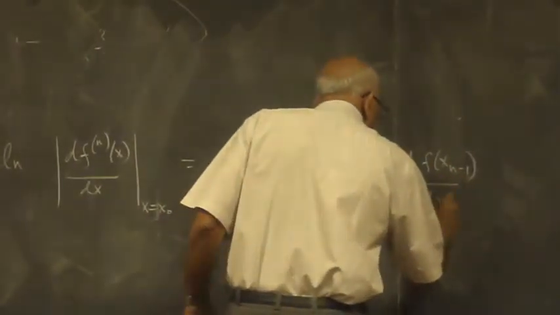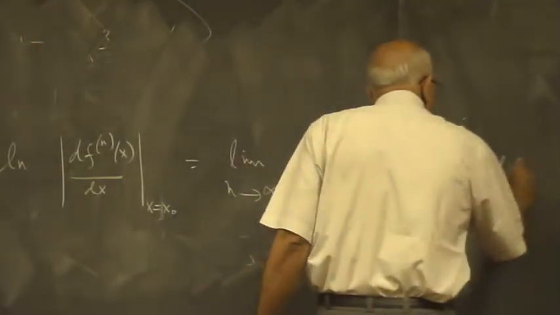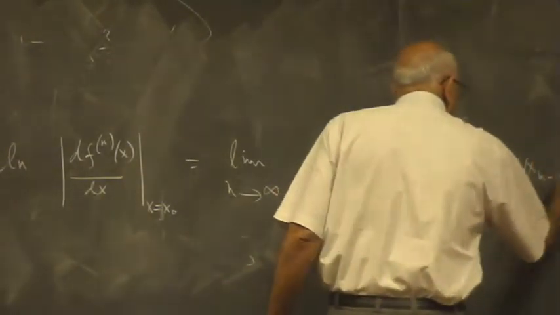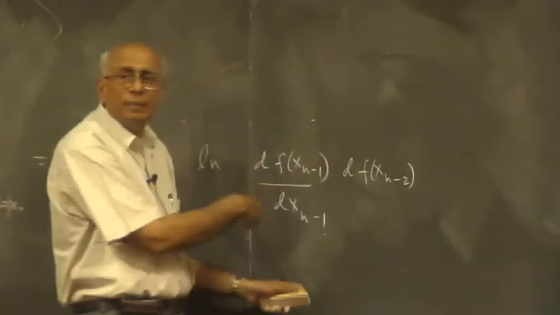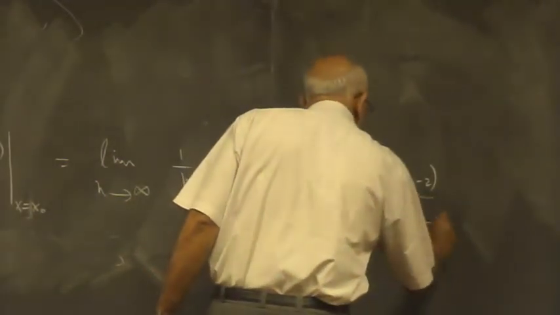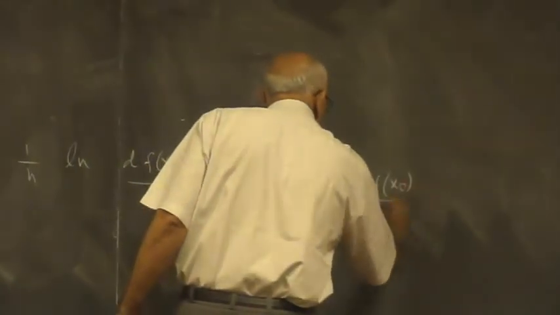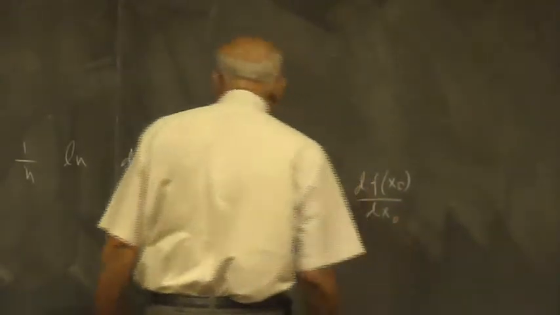I differentiate with respect to xn minus 1, times df of xn minus 1 over dxn minus 2, dot dot dot, all the way up to df over dx at the point x0.